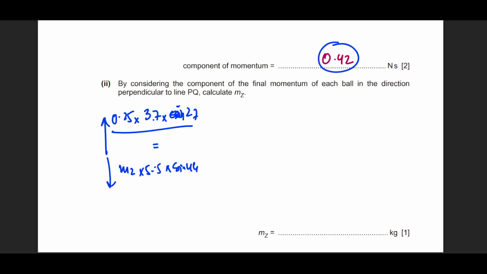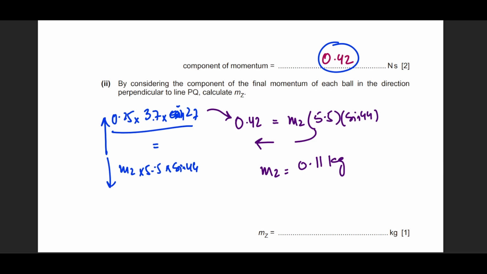They should be equal to each other. So 0.42 equals mz times 5.5 into sine of 44. Take this over there, divide it, and you will find mz to be 0.11 kg. So this is actually 0.109, which becomes 0.11.